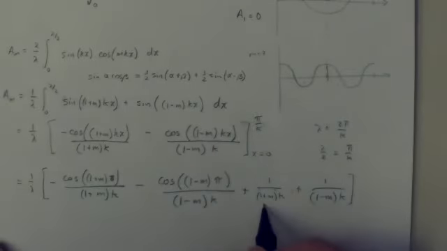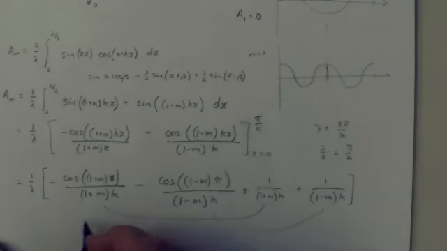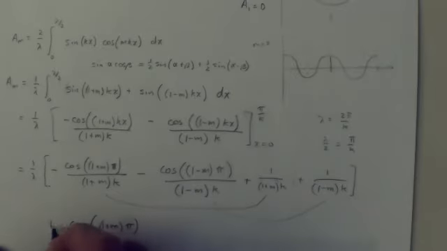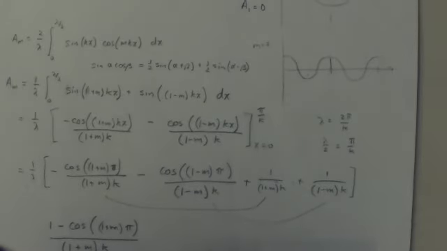I think what I would do is put these two together and those two together. Cosine of 1 plus m times pi. Wouldn't it be 1 minus that quantity? 1 minus, yes, exactly. Divided by 1 plus m times k.